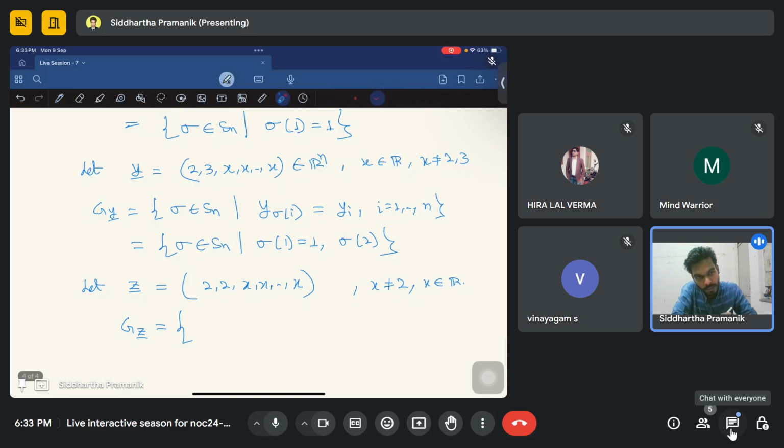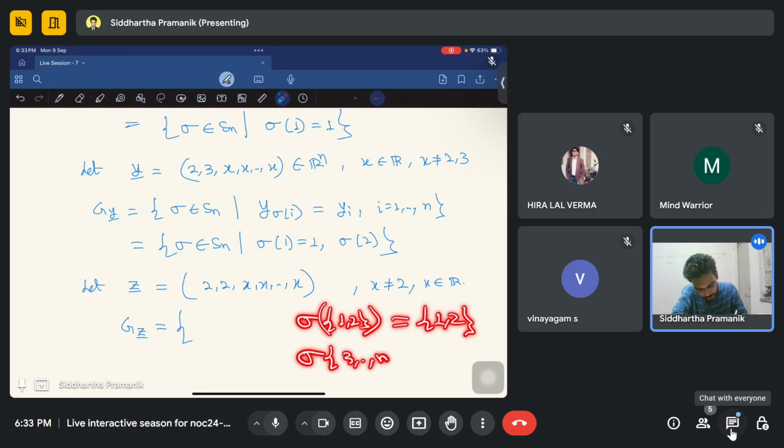So observe that the first two coordinates we can permute among these first two coordinates only, and the other coordinates can be permuted among themselves. So sigma of {1, 2} must map to this set, and for the other set, it can be anything. We don't know about this, but we must have this condition.